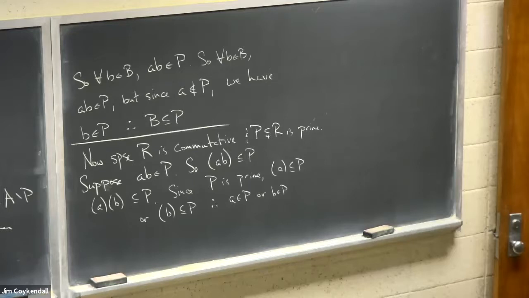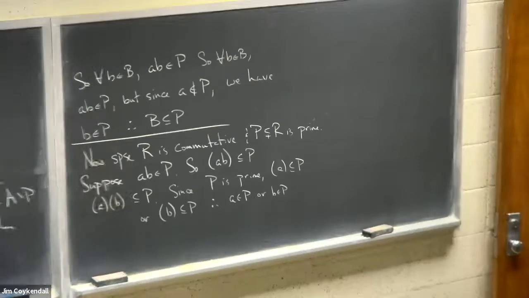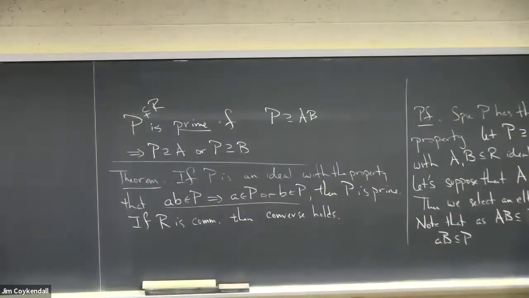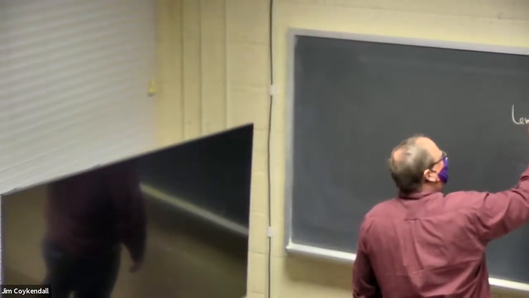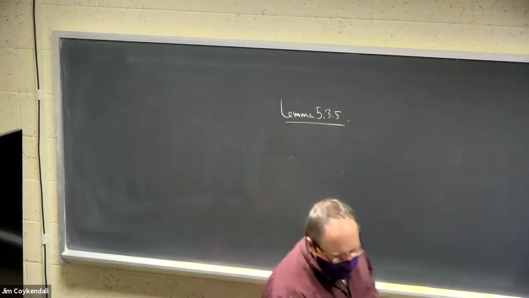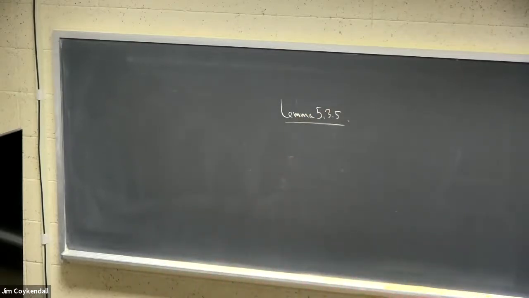Okay. All right. So let me give you another lemma, which is actually going to lead to a definition and a generalization of prime. So here's the following lemma: 5.3.5. Let R be commutative and I an ideal.